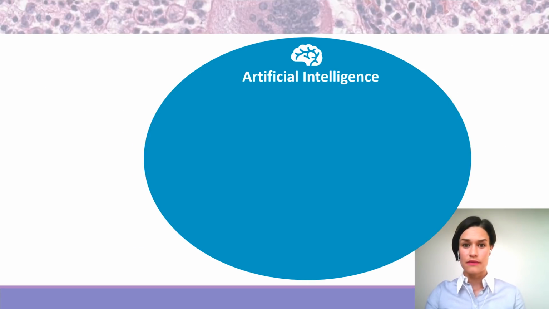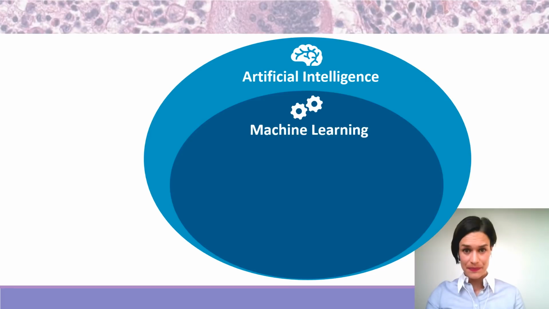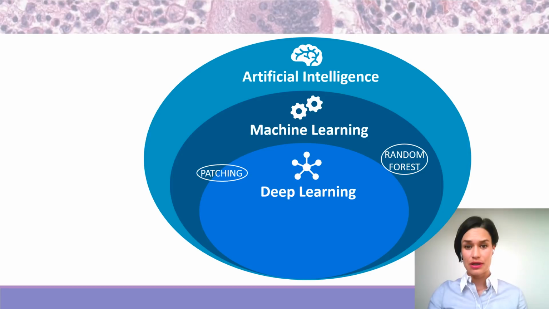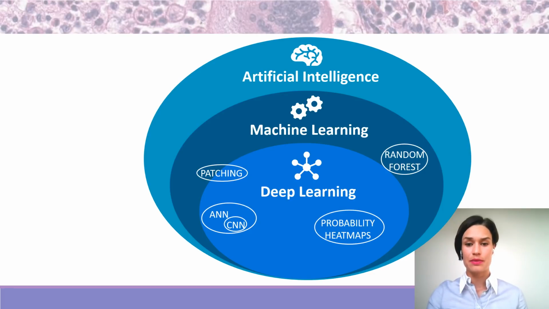To visualize how those terms relate to each other, the broadest term is artificial intelligence. Machine learning is a part of artificial intelligence, where we have, for example, random forest, and deep learning is part of machine learning. We have artificial neural networks, with convolutional neural networks as an example of them.